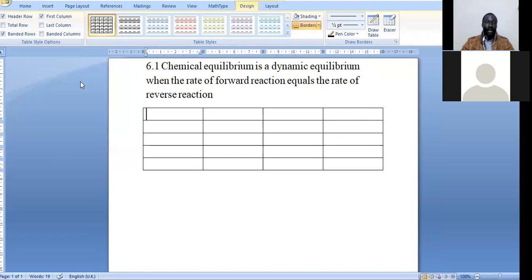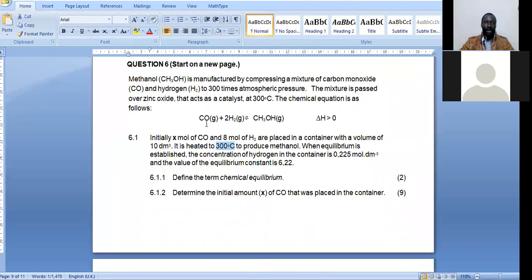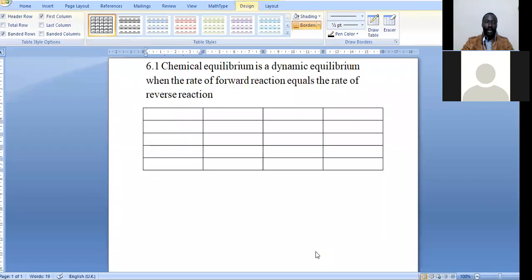The carbon monoxide, it's given here. We are mixing carbon monoxide with the hydrogen, so that we get methanol. So we'll be having a space for carbon monoxide and hydrogen, and later methanol. So let's have them written here.